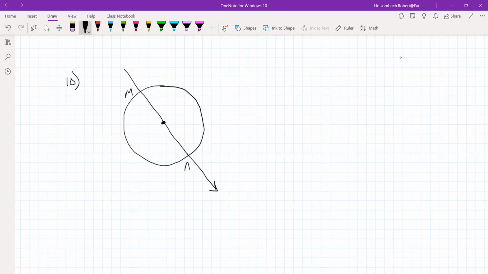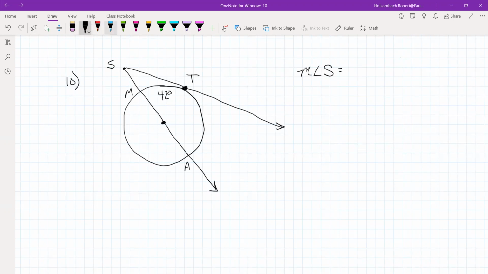Got point A, and this is point S out here. And then we've got a tangent at point T. You're given this angle in here is 42 degrees, and you need the measure of angle S.